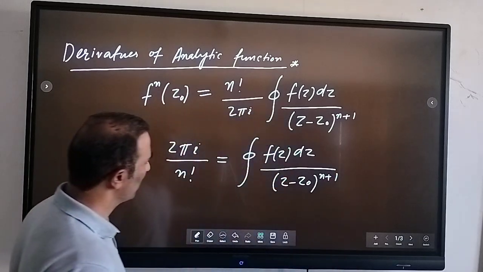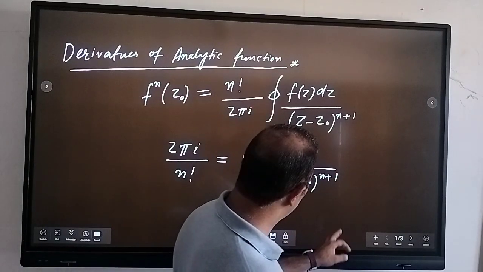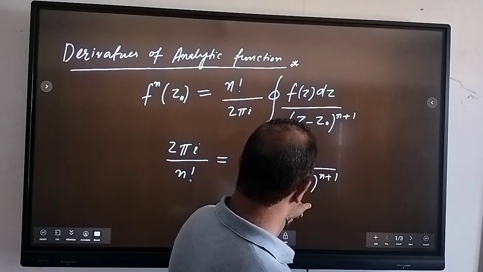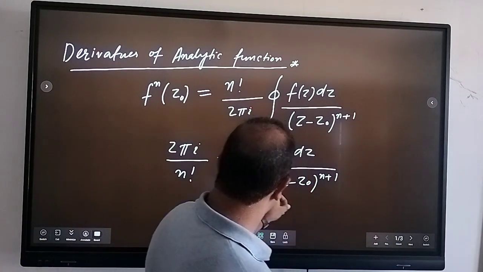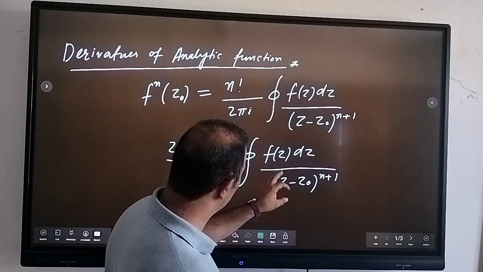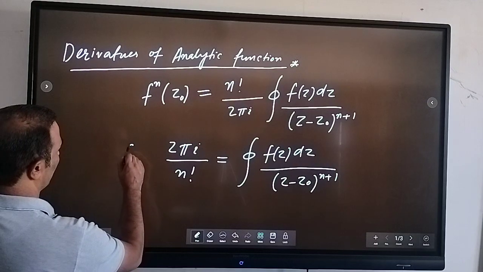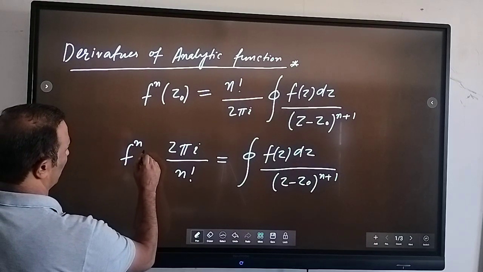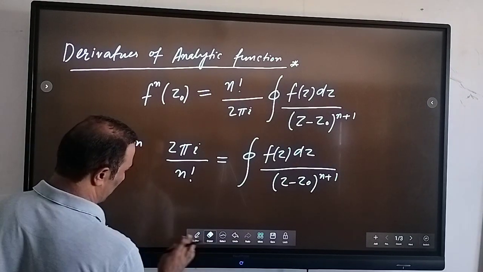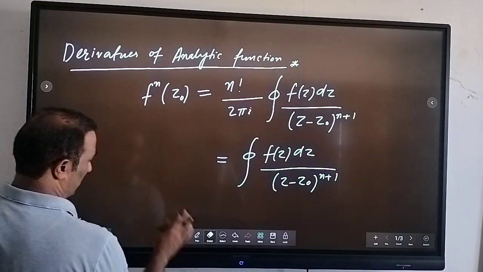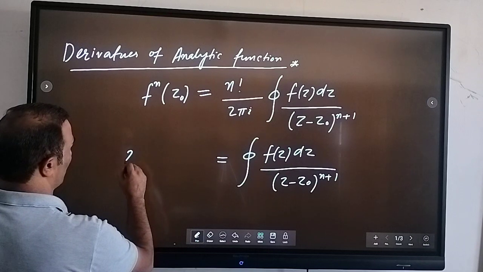Here we have z minus z naught, so it is z minus 2 here. So for that function, z minus 2, you write it this way: that is 2 pi i.